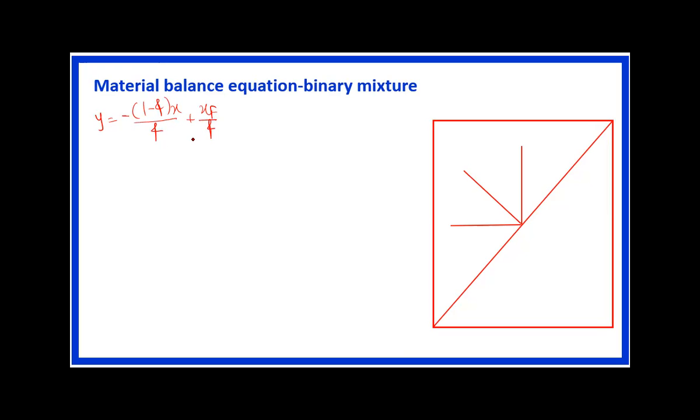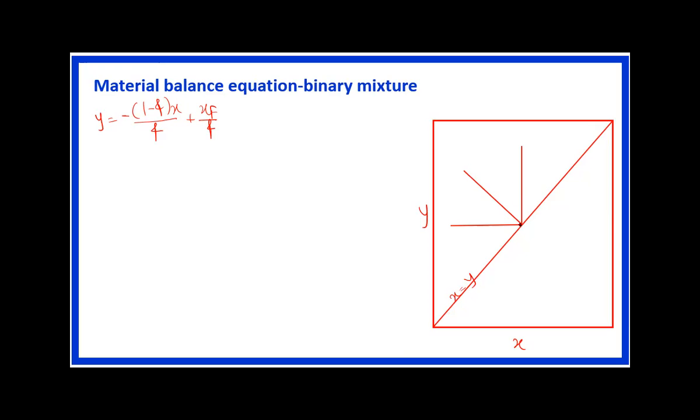And if you consider the point of intersection of the operating line and the diagonal, because if you see the x versus y diagram, that is equilibrium diagram, in this case the diagonal indicates x equal to y condition, right?